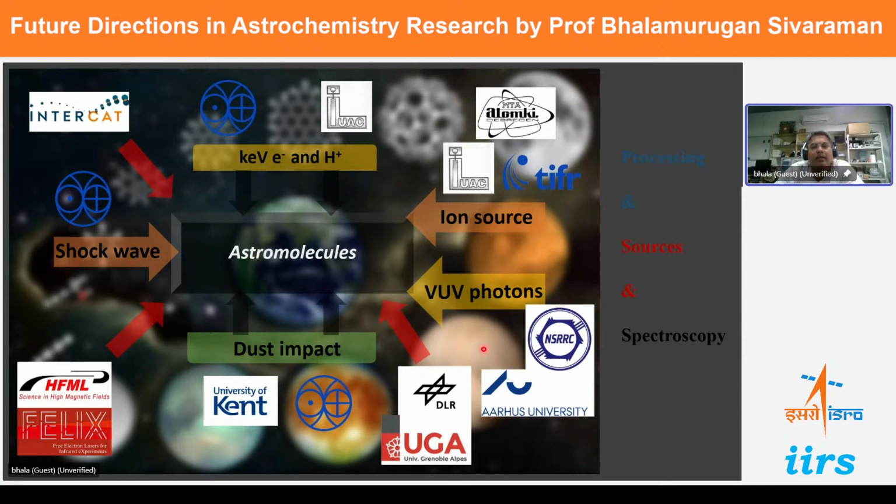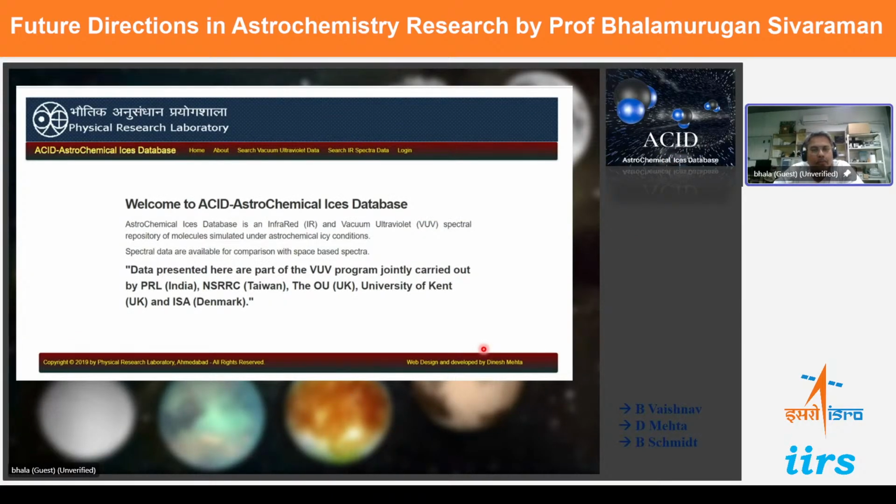Before I conclude, some students may be willing to know how we say that there is some molecule on moons of Jupiter, some molecules on our own moon, and so on. To help them and let them play with these spectroscopy components, if you go to PRL and look for this astrochemical ISIS database, on the top you see vacuum ultraviolet data.